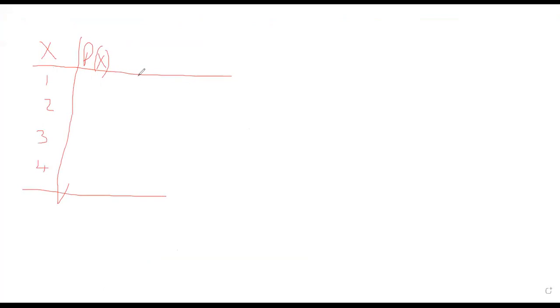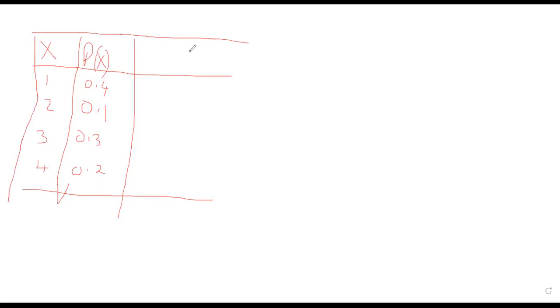And we're given the probabilities, 0.4, 0.1, 0.3, and 0.2. And you're being asked to find the mean, the variance, and the standard deviation. So this is carrying about 10 marks.